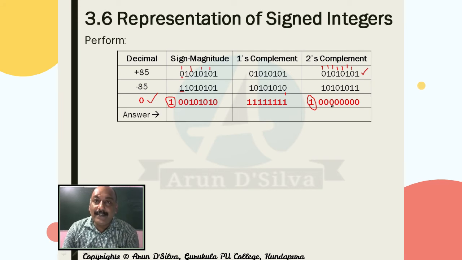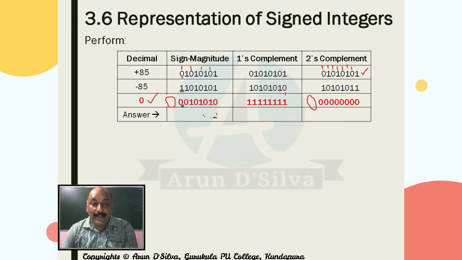Only 8 bits are considered, and the 9th bit, whatever extra bit comes, is discarded. So this one is discarded and disappears.